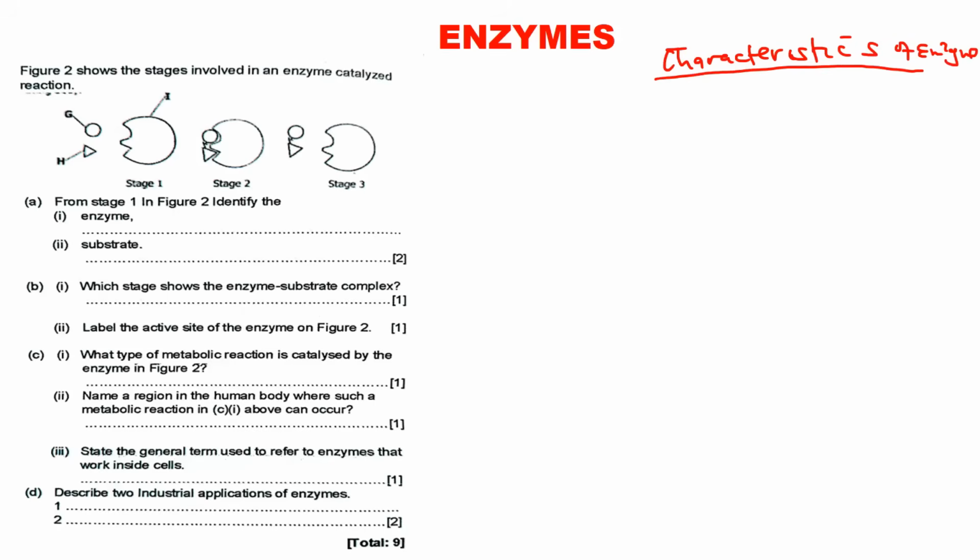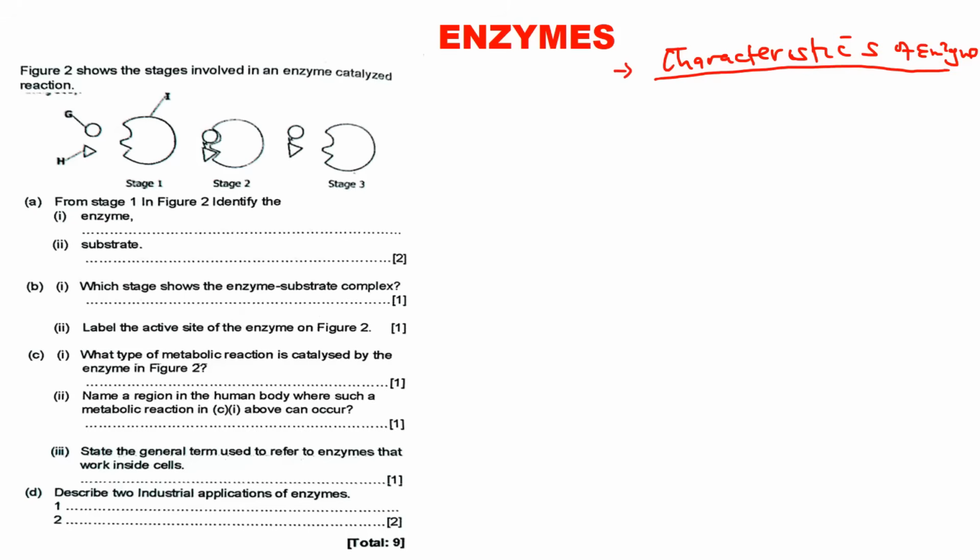One, enzymes are protein in nature. They catalyze forward and backward reactions. They speed up the rate of chemical reactions. Also, they are specific in nature, which means they act on a specific substrate, and there are some more characteristics. So have a look at the characteristics of enzymes before you go into an exam.